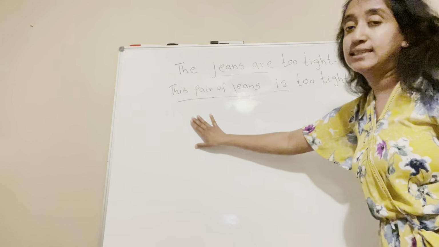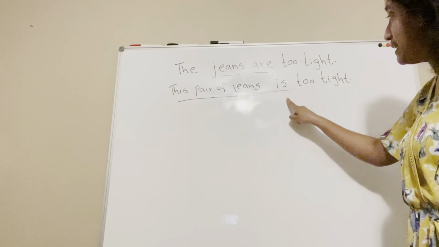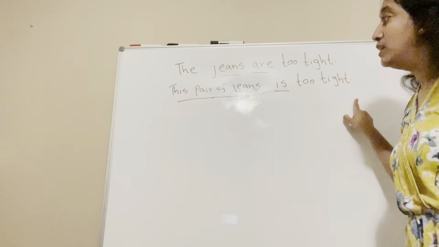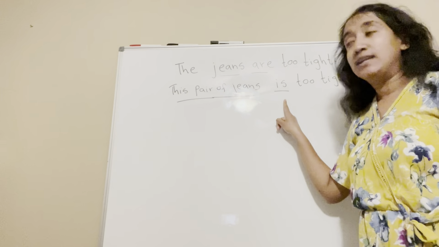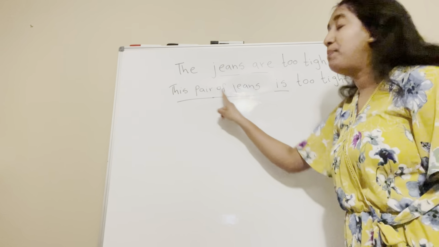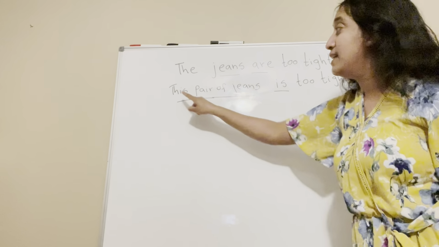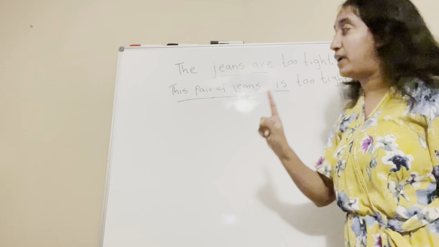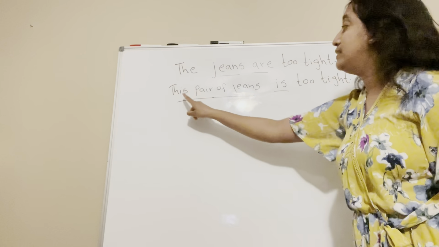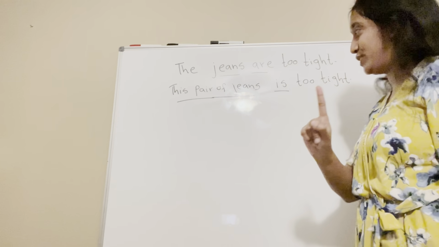Now look at the second example. This pair of jeans is too tight. Why did we use is instead of are? This pair of. So we have a word here, pair, and this pair, not these pairs of. This pair of jeans means one pair of jeans.